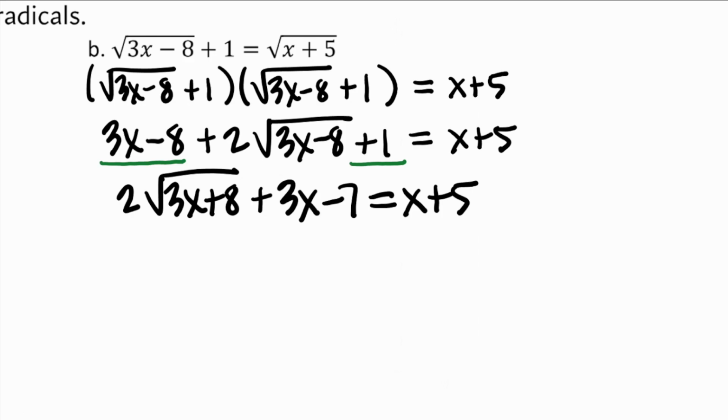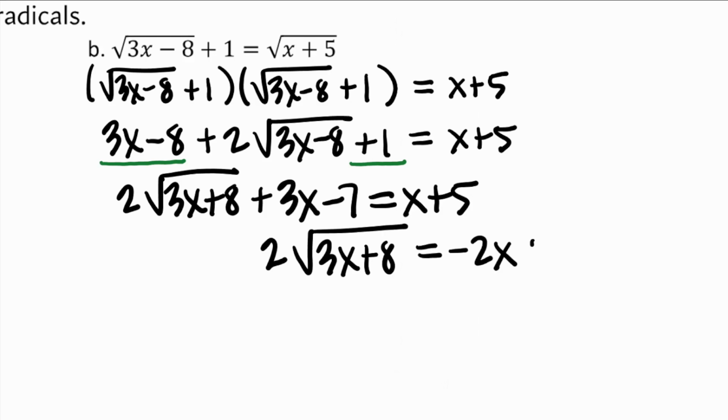Now I'm going to subtract 3x and add 7. Divide by 2, so I'd have negative x plus 6.